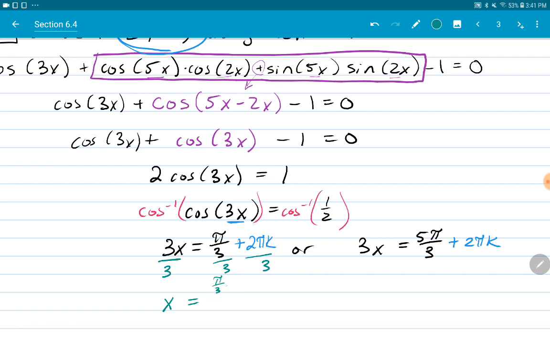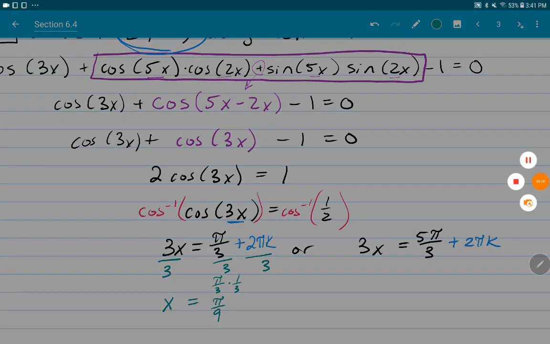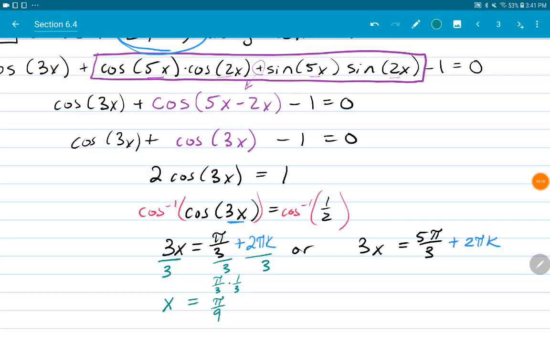Pi over 3 divided by 3 is the same as times 1/3, which equals pi over 9. Okay. And then that last piece, the 2 pi k divided by 3, gives me plus 2/3 pi k.